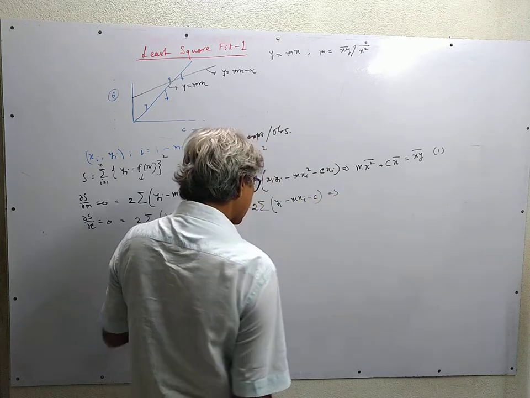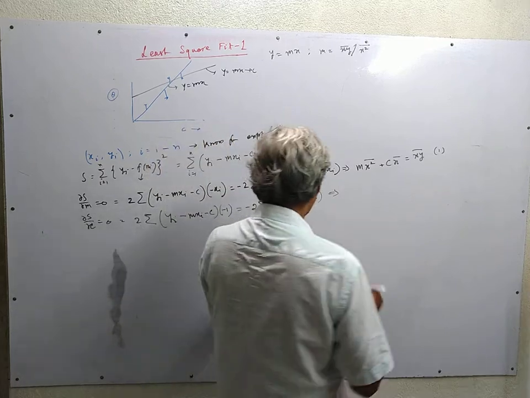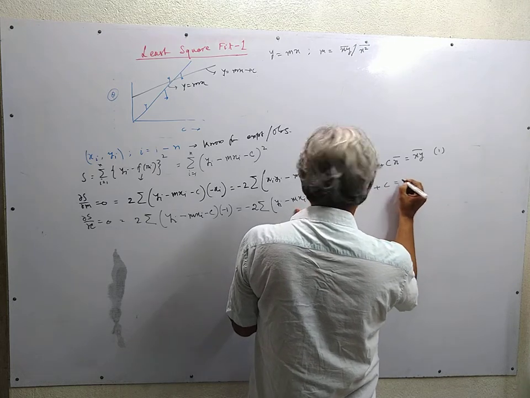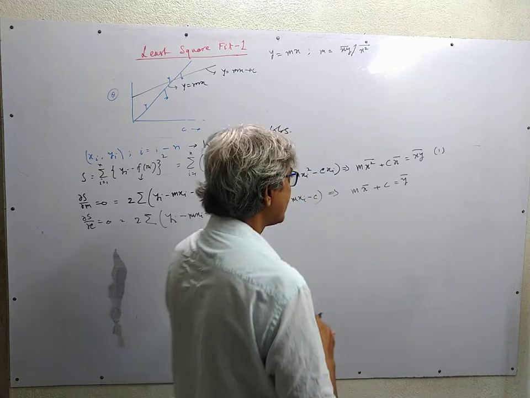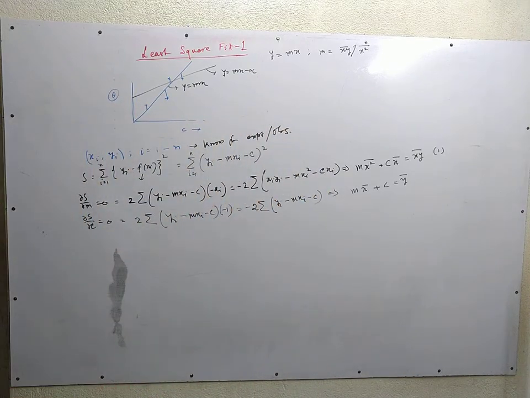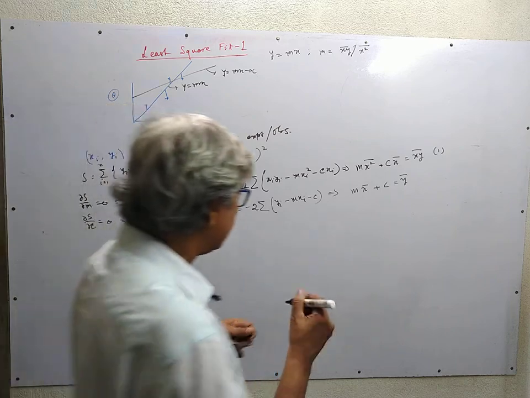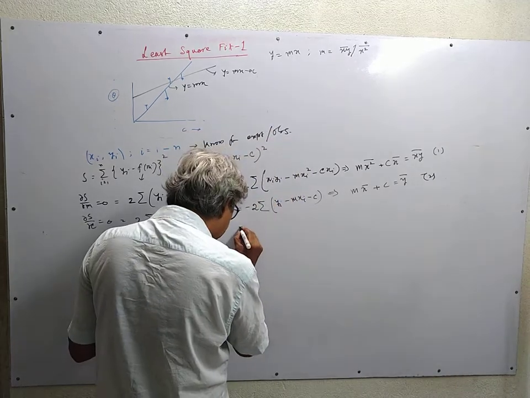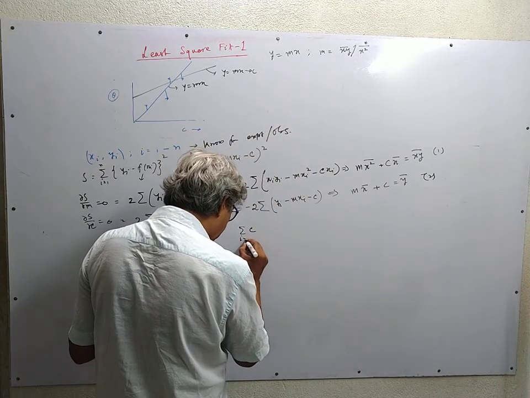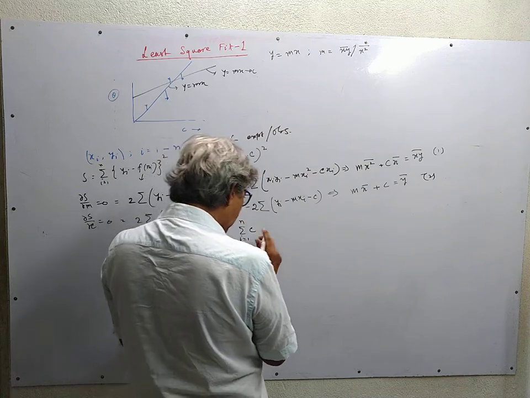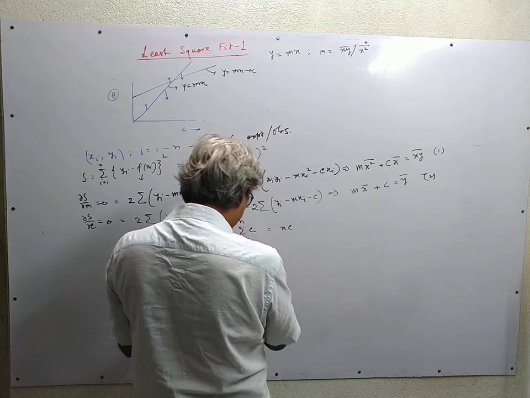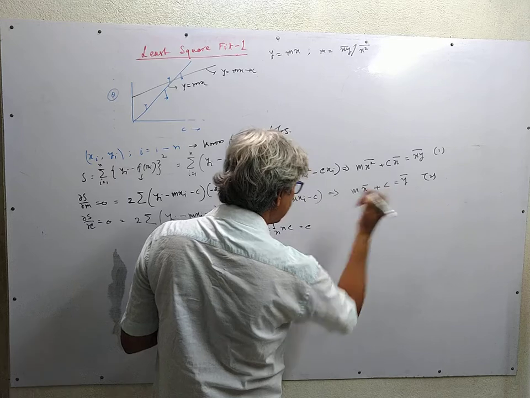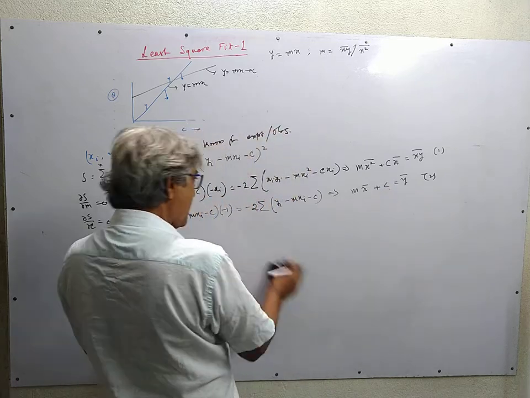If we divide all the terms by n, then we get m x average plus c is equal to y average. So this is our equation 2. The only thing to note is this term: this is summation over i is equal to 1 to n of c. C is constant, so this is n times c, and when we divide it by n, we get simply c. This is this term.